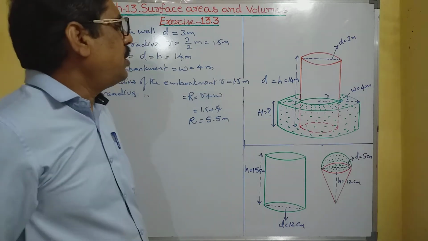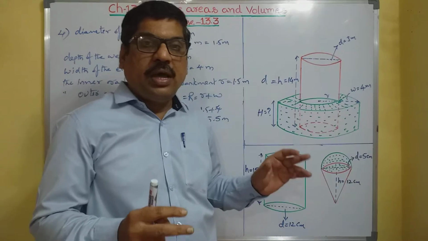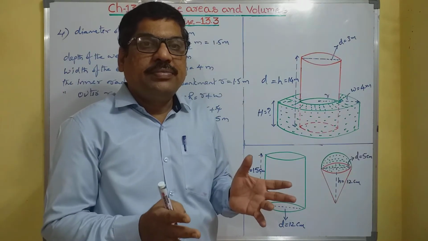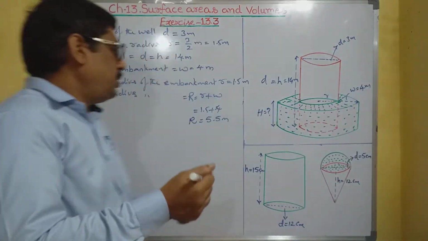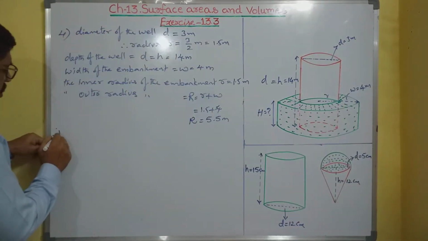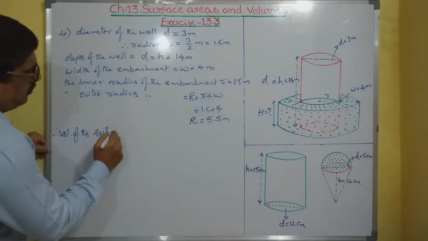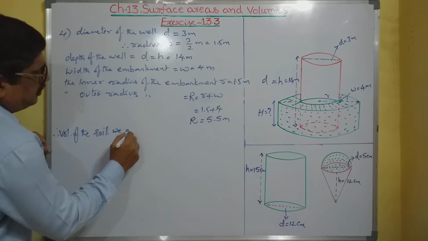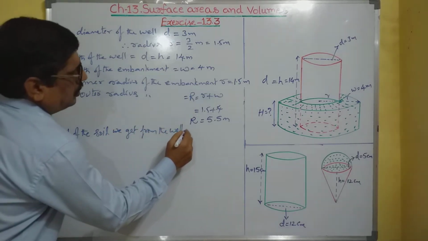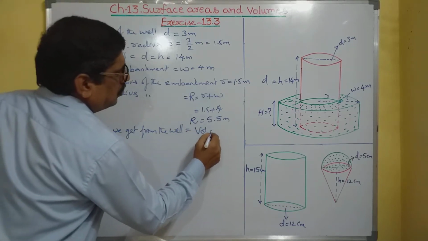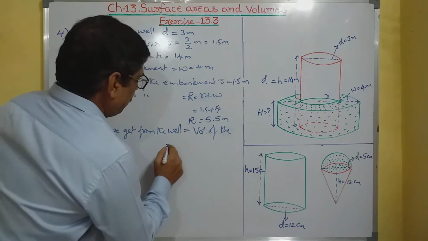Now you observe here, we can say that the embankment has been made by the soil which we get from the well. Therefore, we can say that the volume of the soil we get from the well is equal to the volume of the embankment.